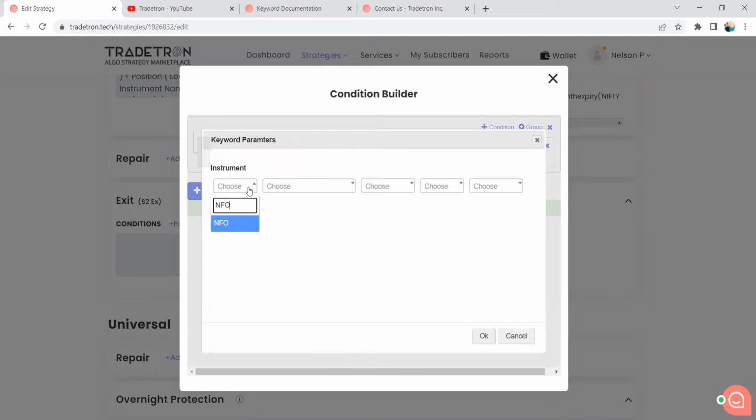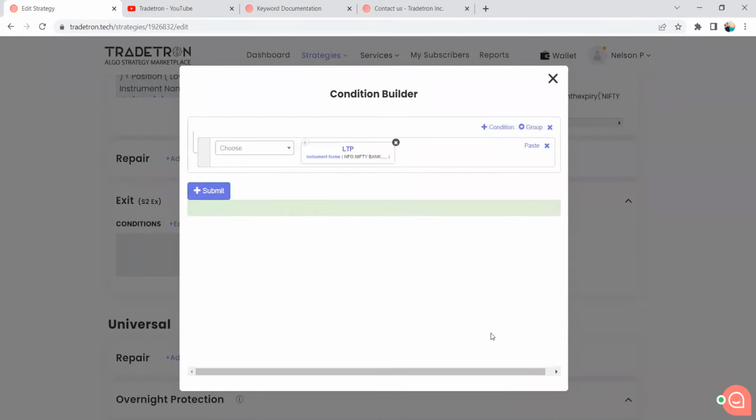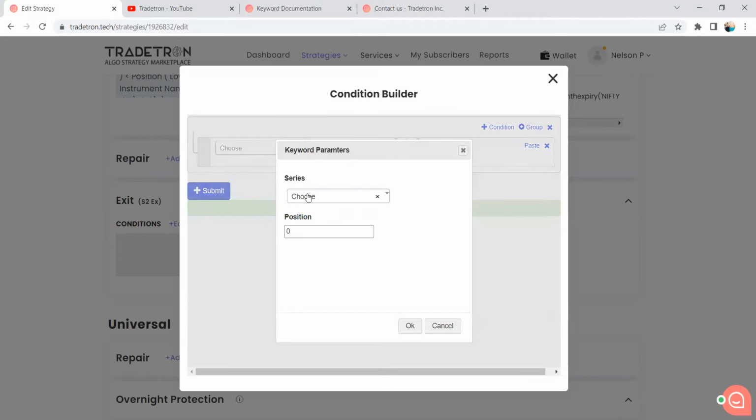So NFO, Nifty Bank, LTP of Nifty Bank is greater than the highest high value of the last 5 days, right?